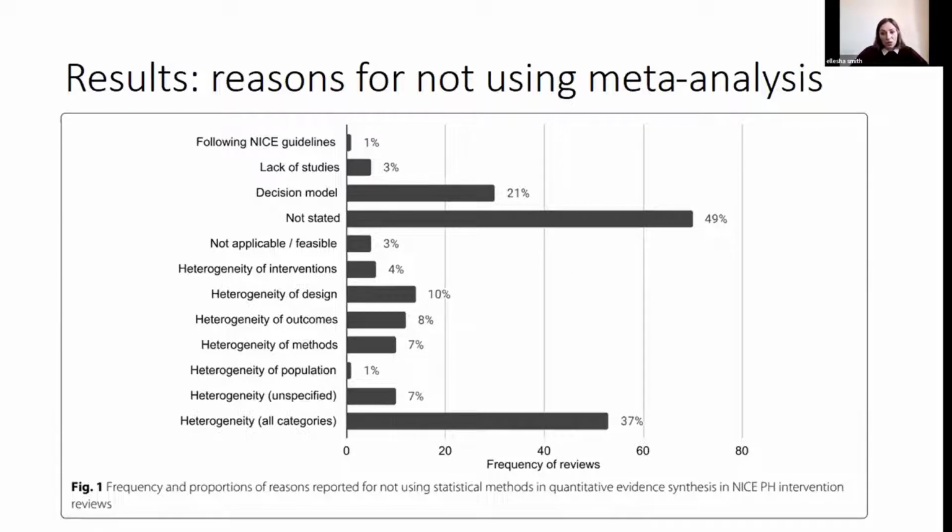Out of the remaining reviews, multiple reasons for not using meta-analysis were given. 37% of the reviews reported at least one reason due to heterogeneity. 3% of the reviews reported that meta-analysis was not applicable or feasible. 1% reported that they were following NICE guidelines, and 3% reported that there were a lack of studies.